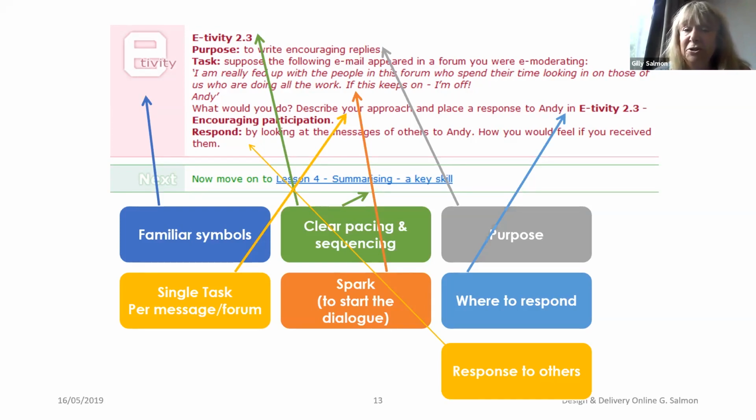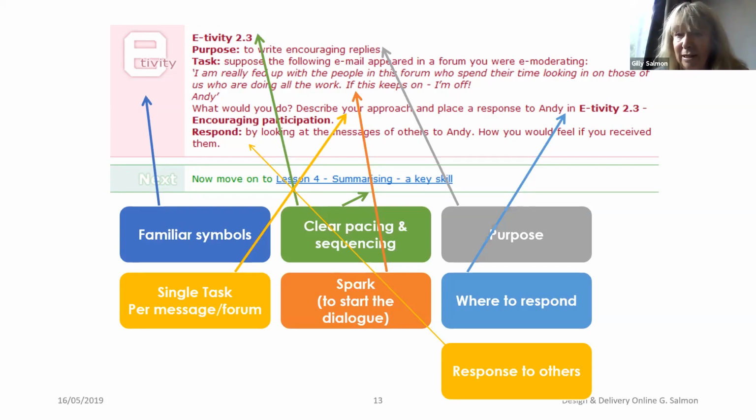So the first question was, what would you do? So if you got a message like this, what would you do? So they place the response. So you can see it's a single task, just one task. And then after they've posted their own, they're asked to respond, to look at the other people's messages to Andy, and then say how they'd feel if they received them.